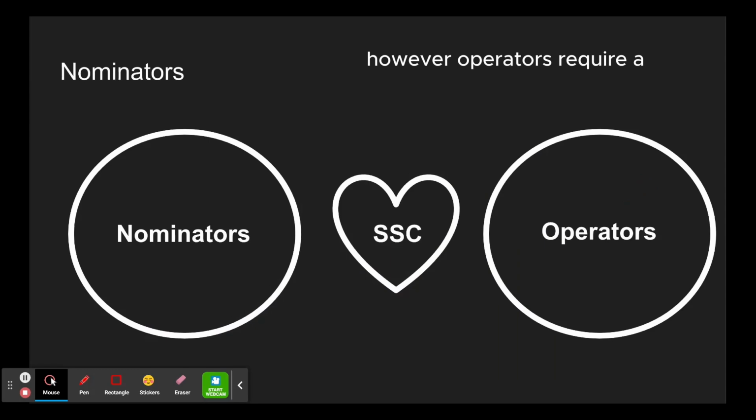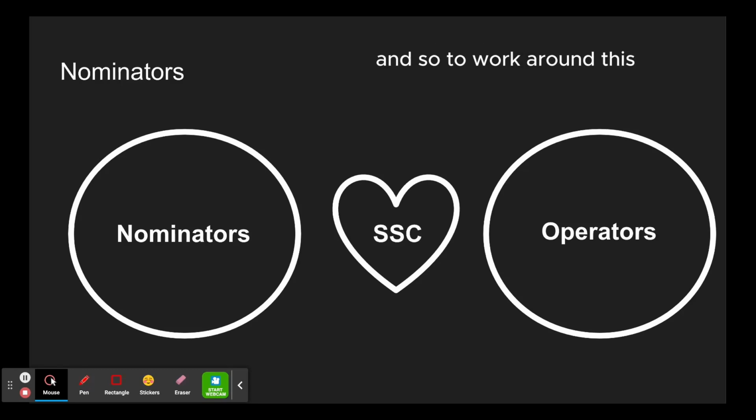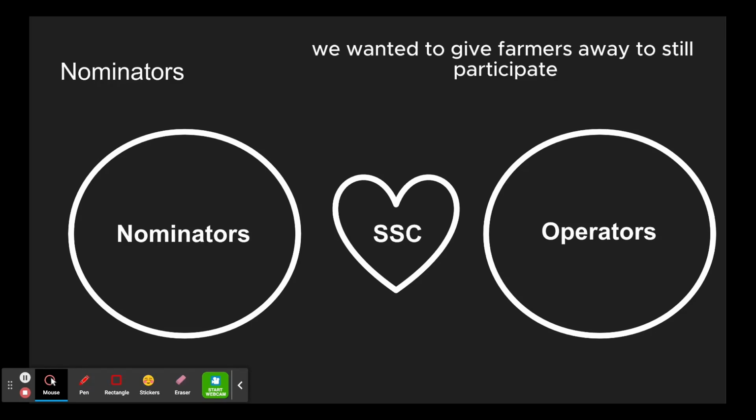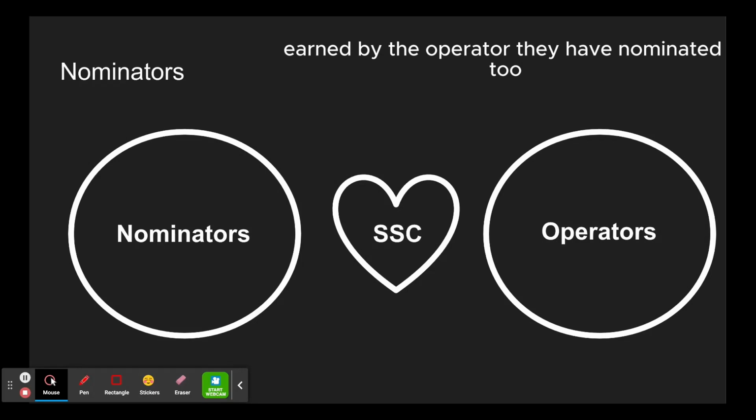However, operators require a really good hardware setup, more advanced than most farmers have. To work around this, we want to give farmers a way to still participate in the staking. So we have what we call nominators, and these are farmers that nominate or vote for operators by staking with the operator. In return, they get a portion of the transaction fee earned by the operator they have nominated.